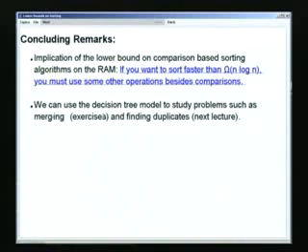I will also state that the general model of decision trees can be extended somewhat, so that rather than just allowing comparisons, you can also allow some arithmetic inside it. And so the lower bound model can be made somewhat stronger. In any case, we have seen some lower bound results, and we will continue this with the next lecture. Thank you.